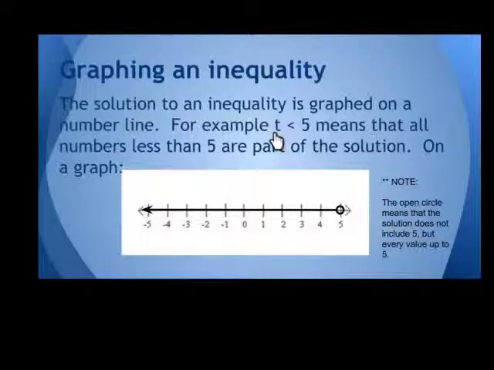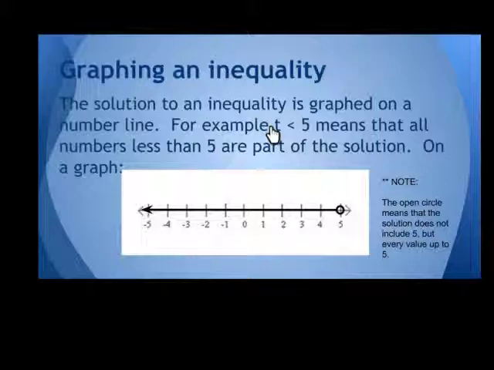On a graph, we would show that by putting a circle on 5 and then shading or making a darkened line over the number line with an arrow saying all numbers this way, and the arrow means going on forever, would be a solution to this inequality. T is some quantity less than 5. So t could be 4, t could be -2, t could be 2.75. It could be anything all the way up to, but not including 5. Because if t was 5, it wouldn't be less than 5.